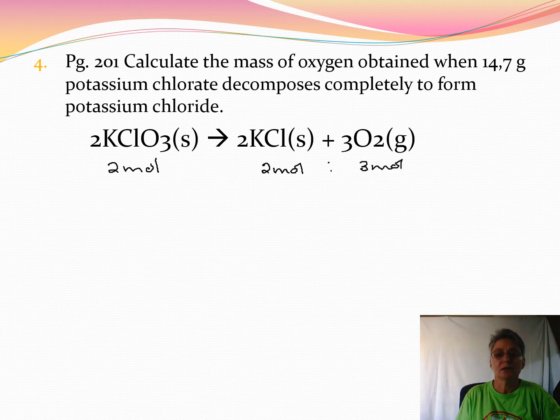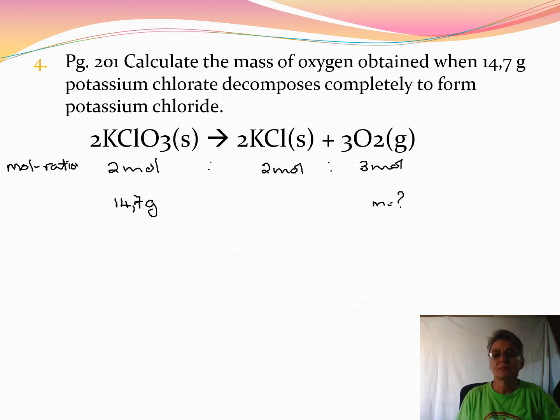So after writing the balanced equation, I always go to my mole ratio. Then I look at what they have given, 14.7 grams of potassium chlorate, and I write this as the given, 14.7 grams, and they want the mass of oxygen.